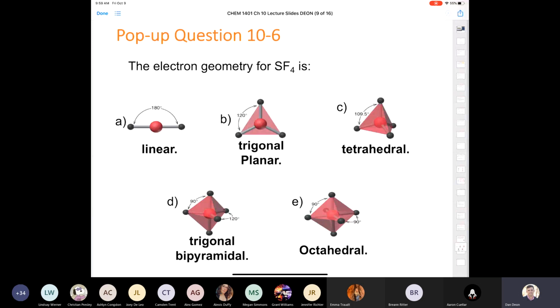We've talked about electron geometry and molecular geometry enough that I would like you to see if you can figure out the electron geometry, not molecular, the electron geometry for sulfur tetrafluoride. I'll give you a second.